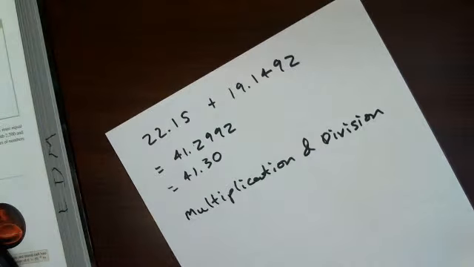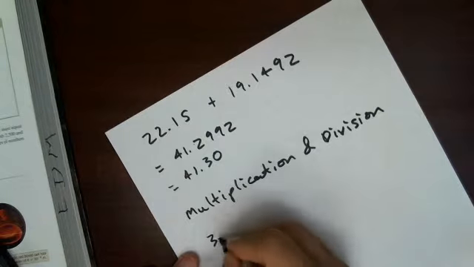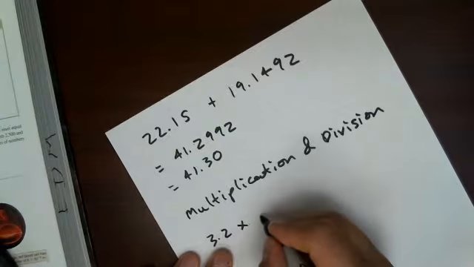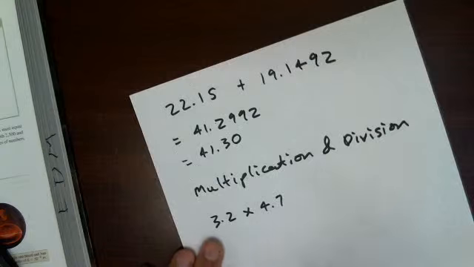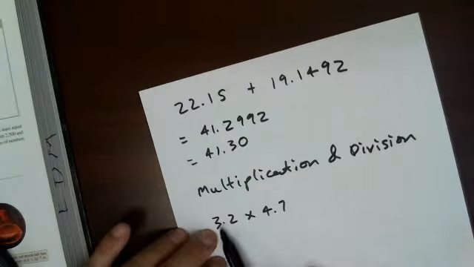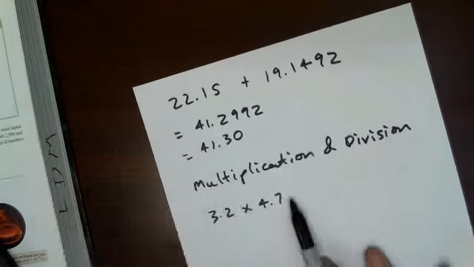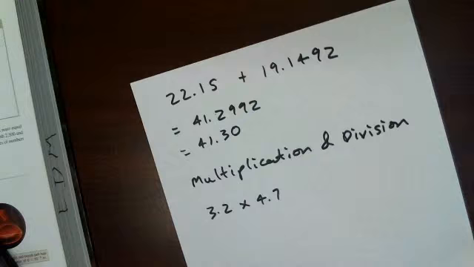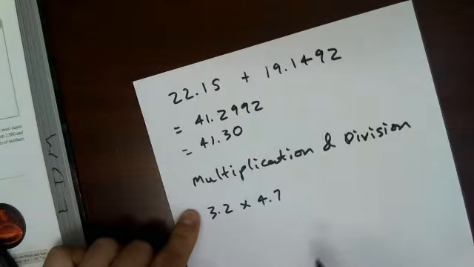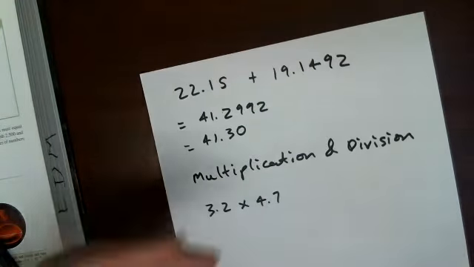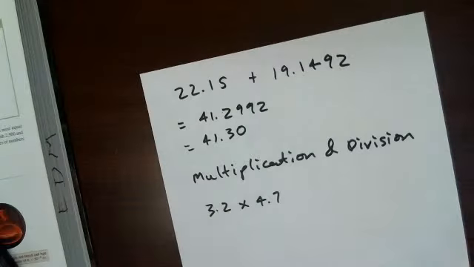And the reason is because when you multiply numbers, each of those numbers goes through and is multiplying each of those columns. For instance, say if you have 3.2 times 4.7, it would be just like the 3 is going to go through and multiply everything, and then the 0.2 is going to multiply everything, and it's not a case of having to line up the place values like we do in addition and subtraction.